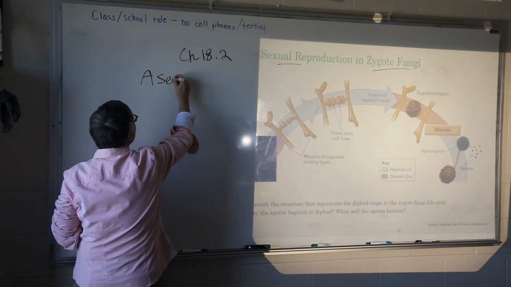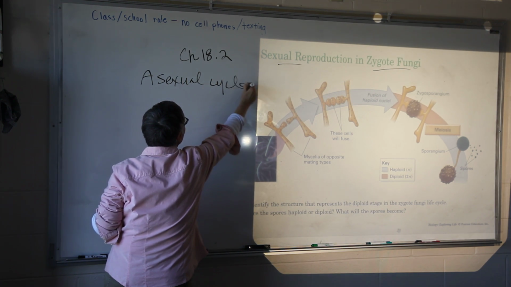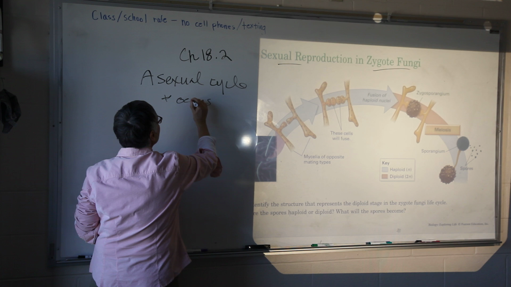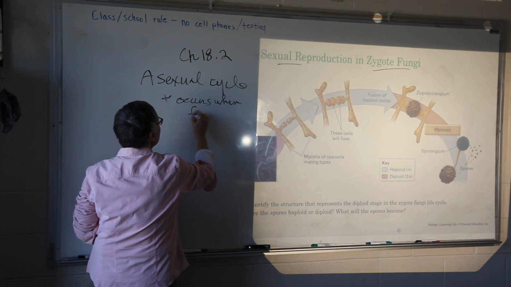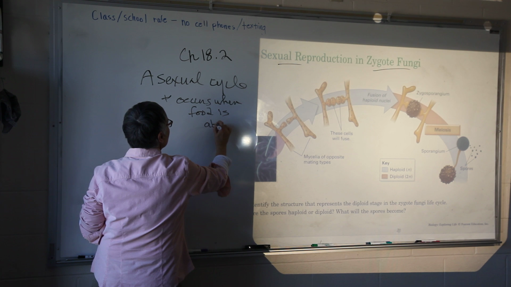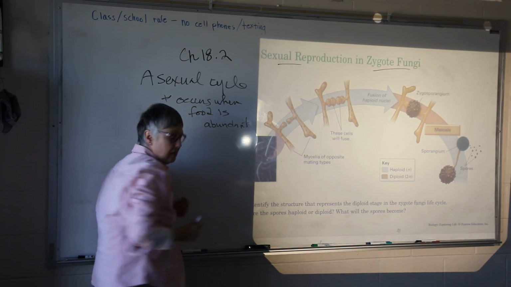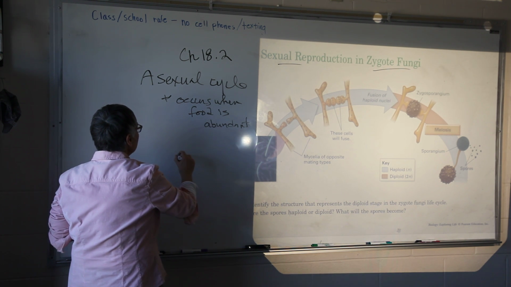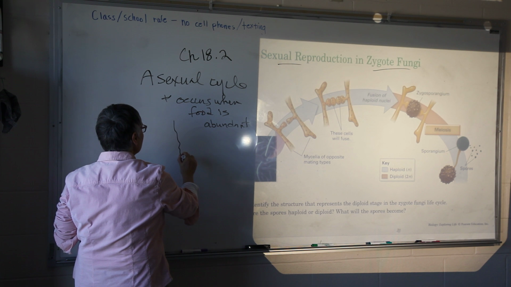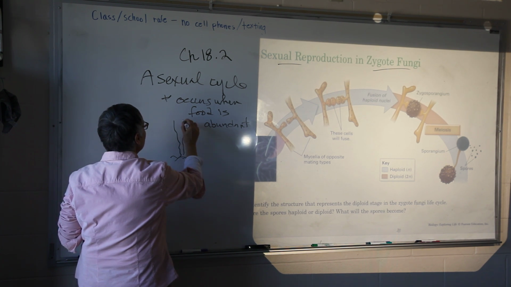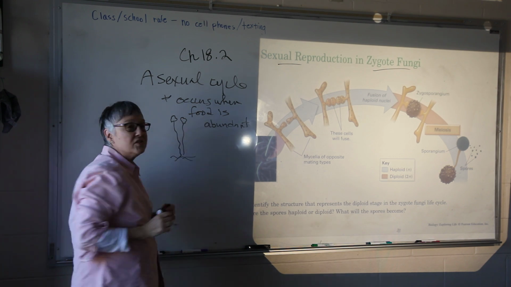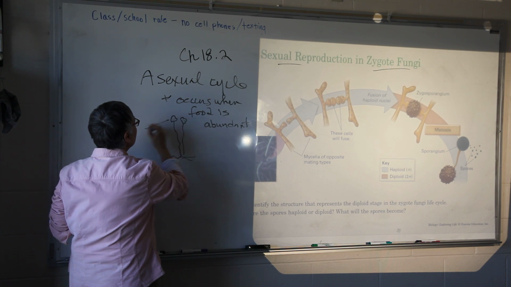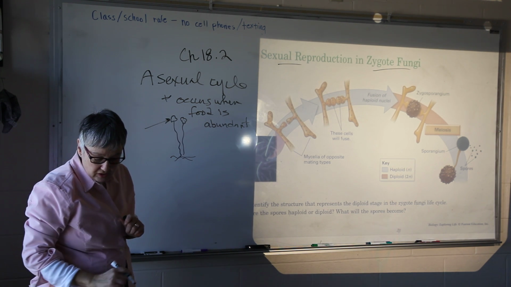So the asexual cycle again occurs when food is abundant. The fungi will produce spores on the top of stalks, and the spores are located in structures that are called sporangia.